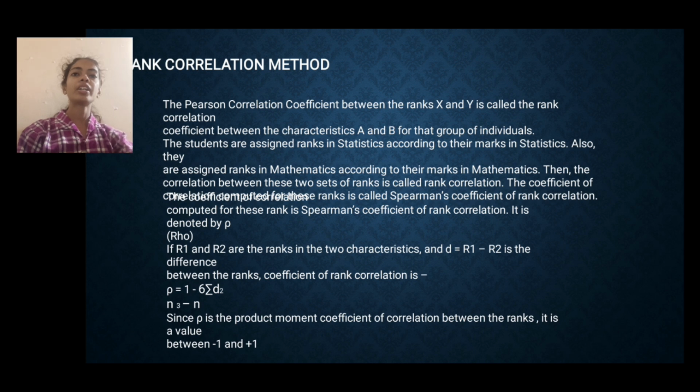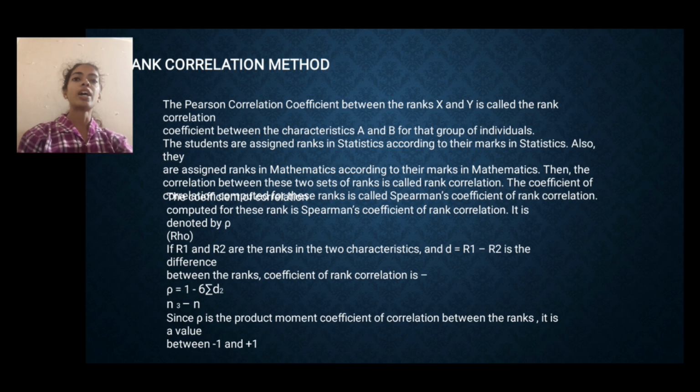In bivariate data, if the values of the variables are ranked in decreasing order, the correlation between these ranks is rank correlation. It is denoted by ρ.